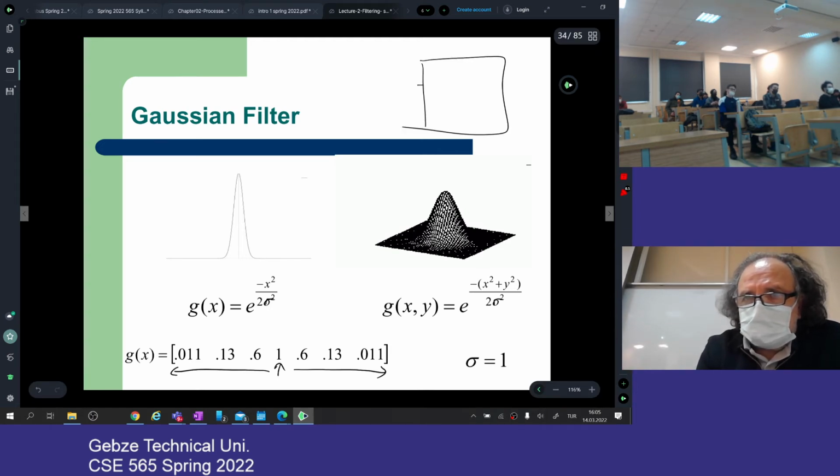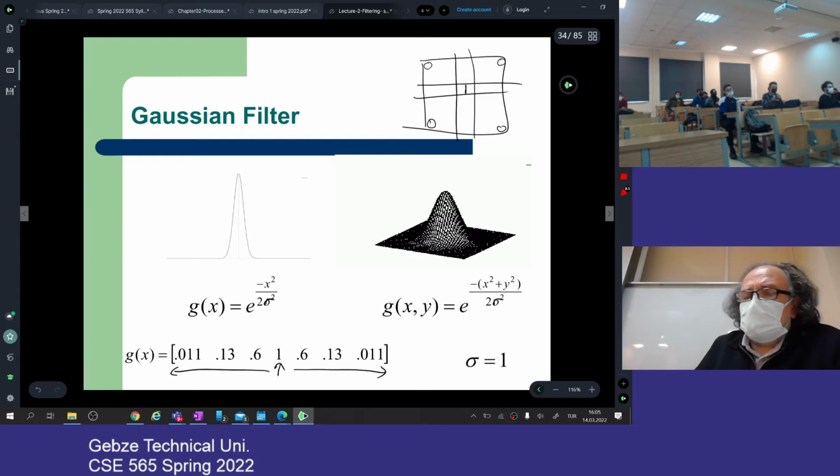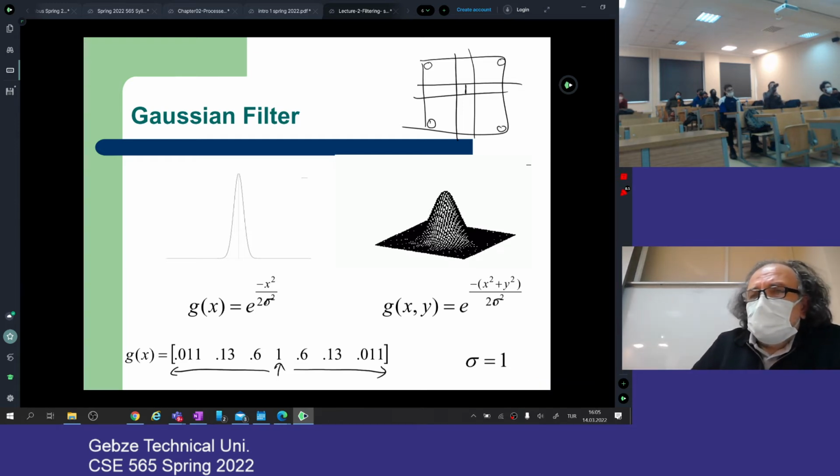At the center, let's say I will have a 1. At the corners, very small values, I am going to put 0, but as I told you before, they will never be 0. Very close to 0, but not 0, because the Gaussian is defined from minus infinity to plus infinity.